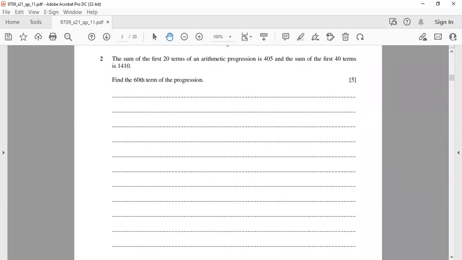Donc, pour cette question-là, nous proceed step by step, bout par bout, d'après l'information qui est donnée dans la question. Donc, first piece of information qui est donnée, c'est que the sum of the first 20 terms of an arithmetic progression is 405. C'est-à-dire que S20 est égal à 405.